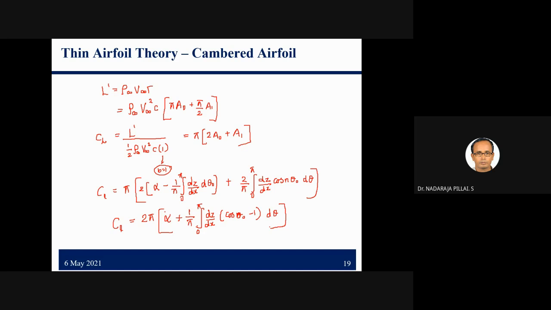So we arrive to this point where the CL is equal to 2 pi into alpha plus 1 by pi integral 0 to pi dz by dx into cos theta naught minus 1 into d theta naught.